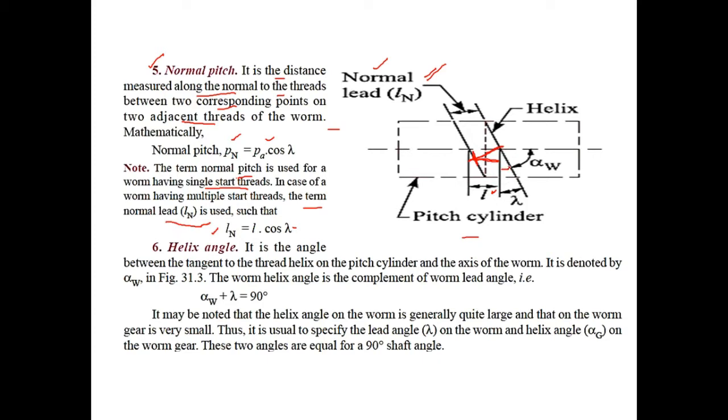So from the geometry, when you calculate, you will find Ln by L will be equal to cos lambda, so Ln by cos lambda will be equal to L.